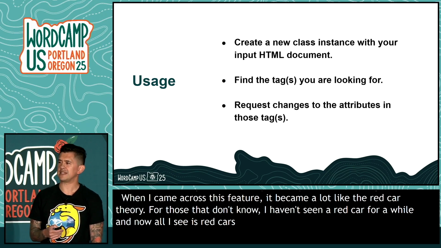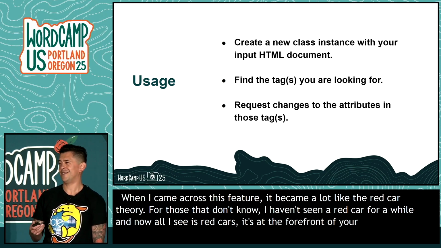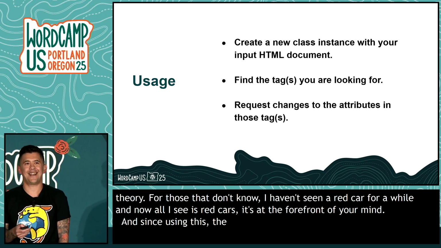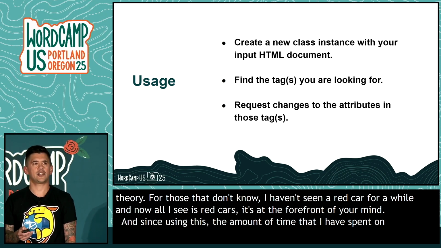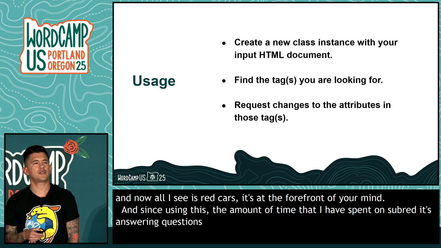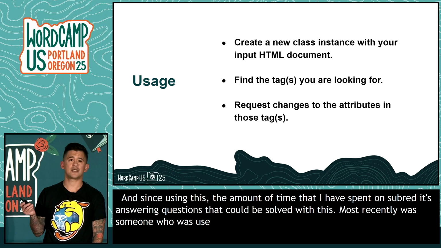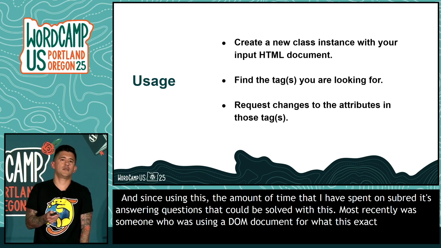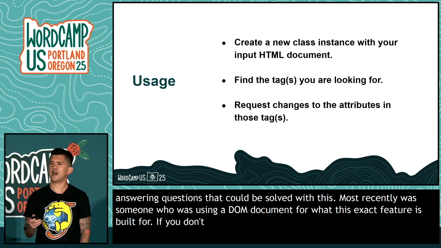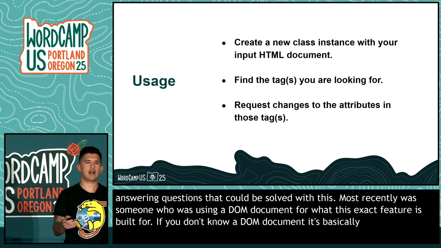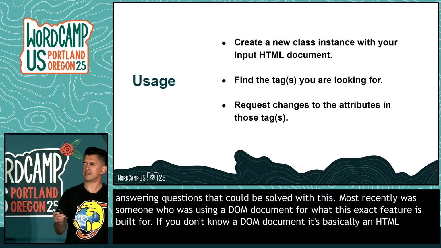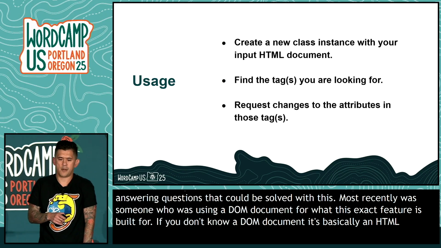And since using this, I have spent so much time on subreddits answering questions that could be solved with this. Most recently was someone who was using DOM document for what this exact feature is built for. If you don't know DOM document, it's basically an HTML4 spec. You're now coming through XML, it's slow, it's angry looking, it's not a great feature.